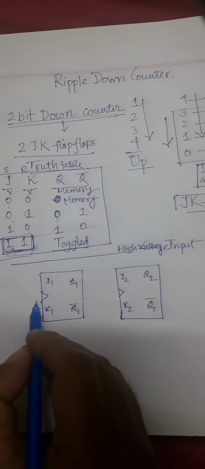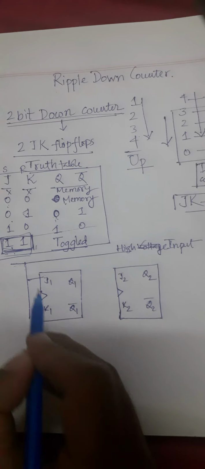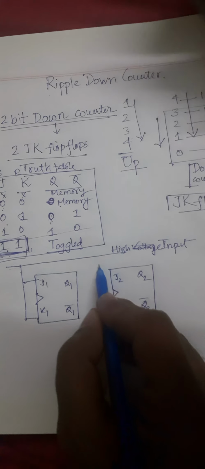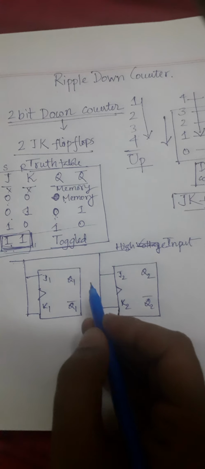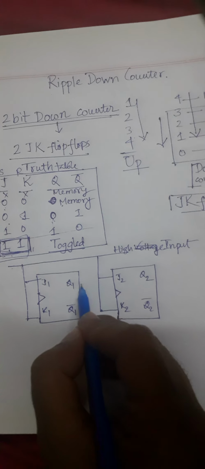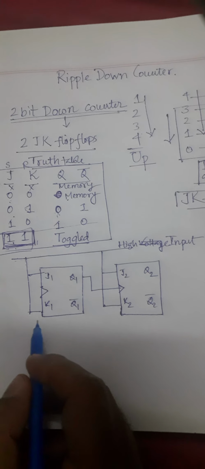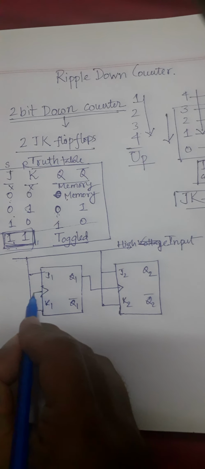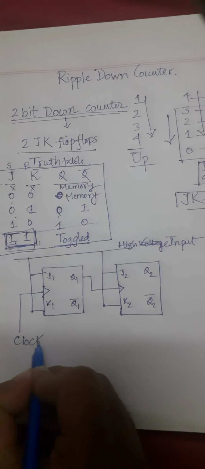So this is connected to J1 as well as K1. The same goes for this one as well. This is connected to J2 and K2, and this Q1 is connected to the clock pulse. Okay, and this clock pulse is connected to the external clock.